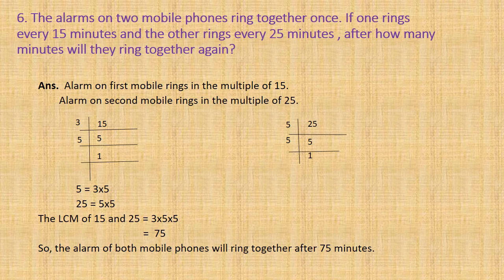So first we will take out the LCM of 15 and 25. The LCM of 15 and 25 will be 3 multiplied by 5 multiplied by 5, that means 75. So the alarms of both mobile phones will ring together after 75 minutes. So after 75 minutes both alarms will ring together again.